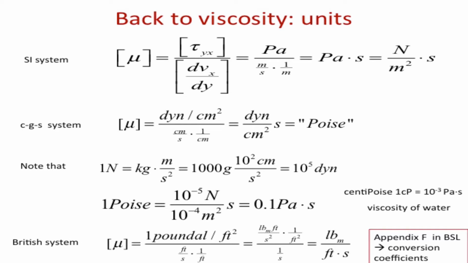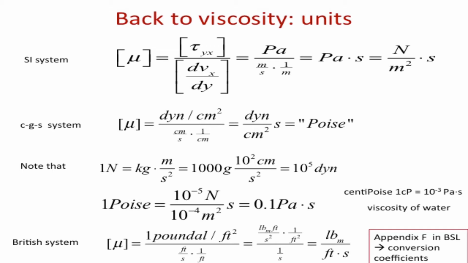In the British system, you will have 1 pound per foot square, and velocity is foot per second times 1 over foot. This is pound mass, times foot per second square. There could be pound mass and pound force, so you have to distinguish between the two.